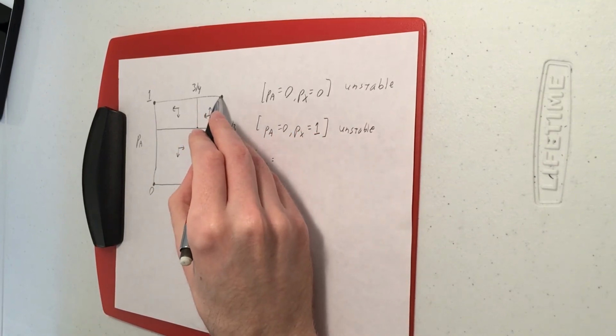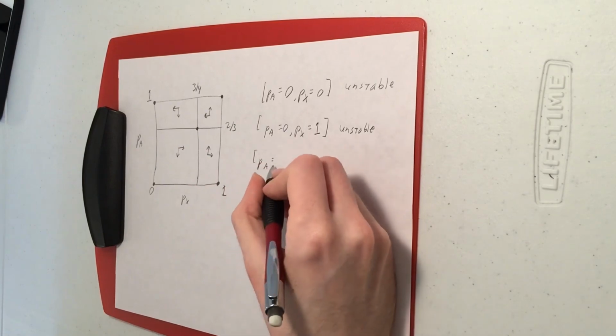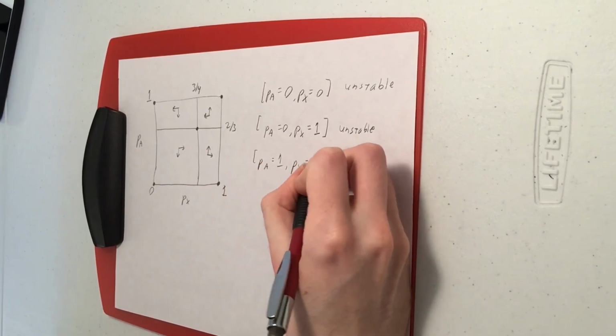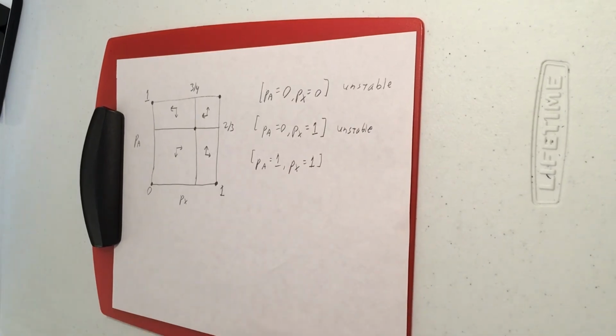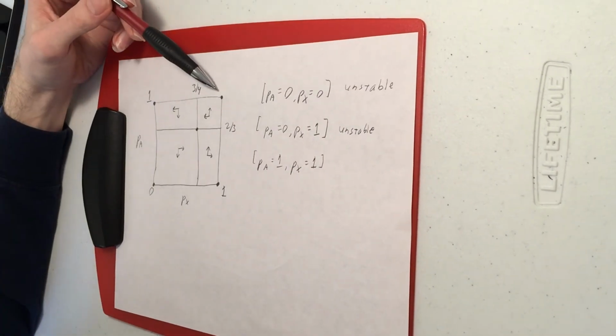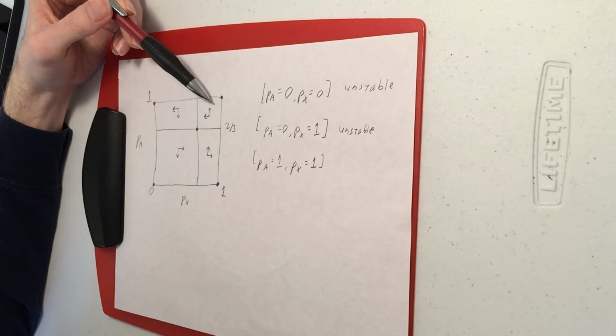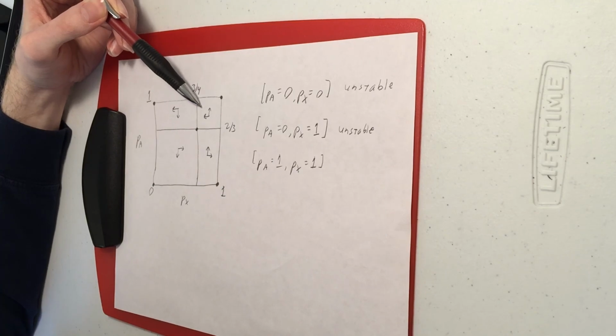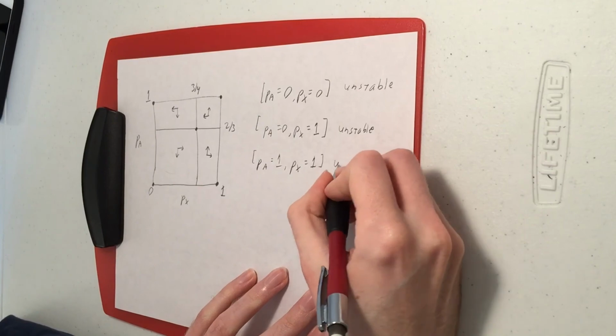This corner here corresponds to both PA and PX being 1. Is that stable? So we deviate a little bit. This arrow is going to take us away. It's going to push us back up, but it's also going to push us in this direction. So that takes us further away. That's unstable.